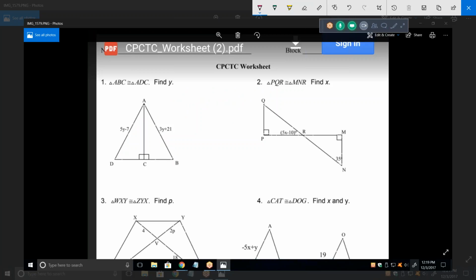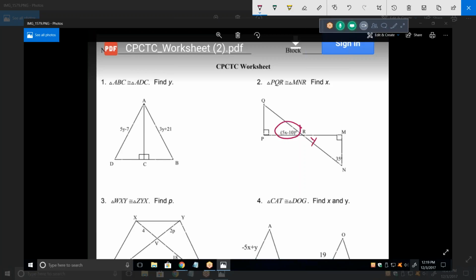Number 2. The 5x, basically for that angle. Isn't 5x minus 10 equals 35? No, they're not vertical angles. Notice that this angle right there is equal to 5x. Let's call that, we don't want to call it x, let's call it y.